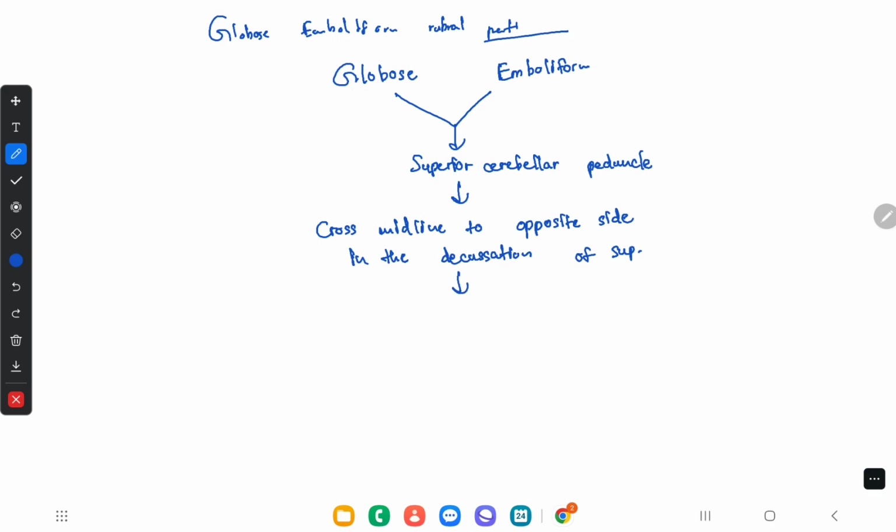Then they synapse in the opposite red nucleus, giving access to the rubrospinal tract.